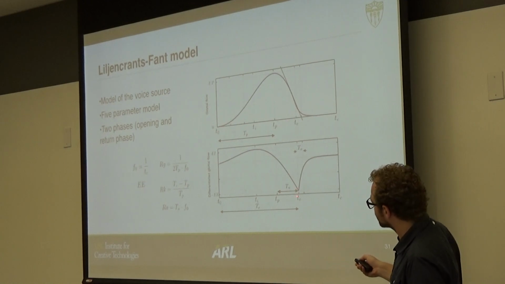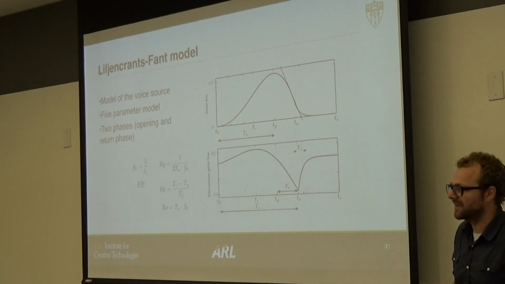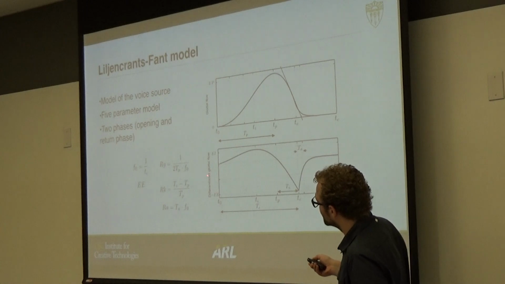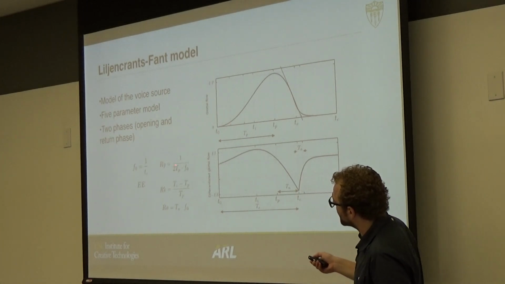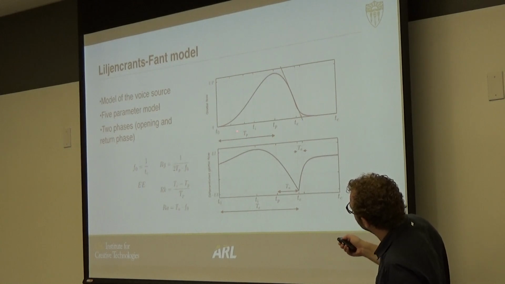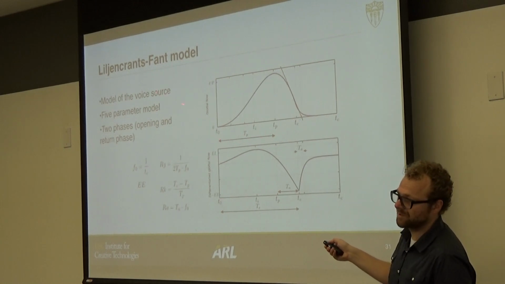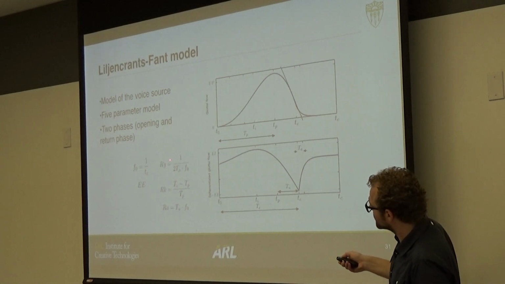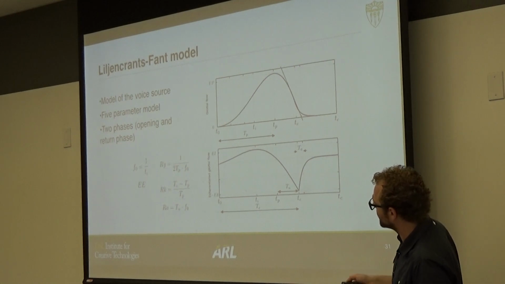EE is this excitation. This is larger in tense voices. Then you have RG, which is 1 divided by TP, this phase here, which is the opening phase, exactly. And this is also in relationship to the fundamental frequency.